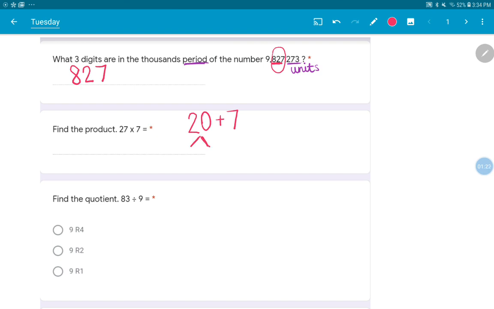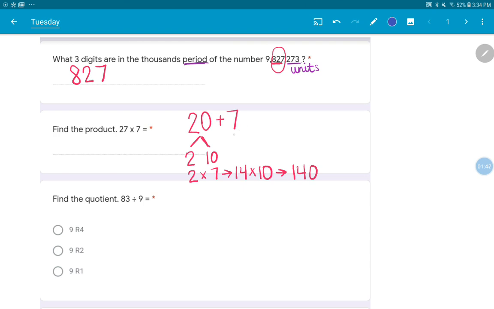Then I can split 20 into 2 times 10. So if I do 2 times 7, that gets me to 14. And then I can make 14 10 times bigger, which would be 140.